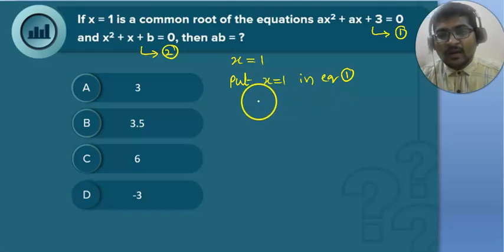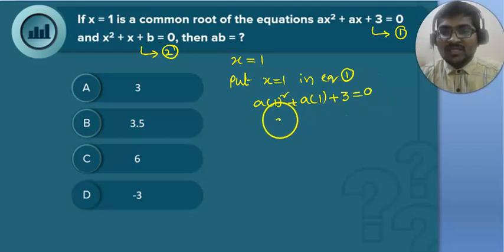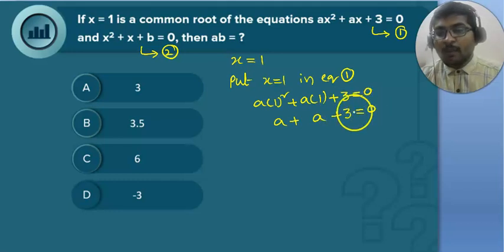Then a into 1 square plus a into 1 plus 3 is equal to 0. A into 1 square is a, plus a into 1 is a, plus 3 is equal to 0. A plus a is 2a, plus 3 is equal to 0, right?